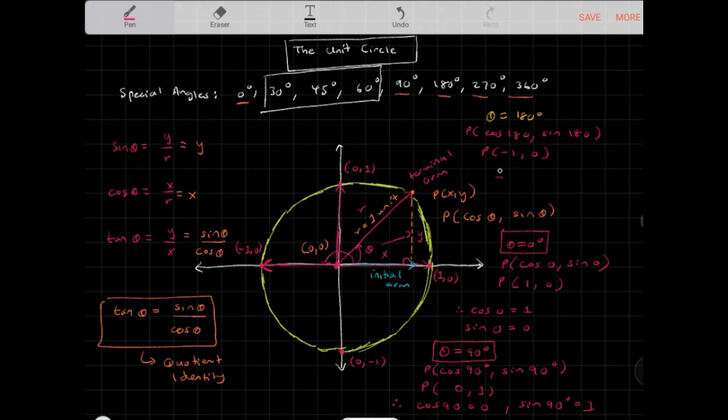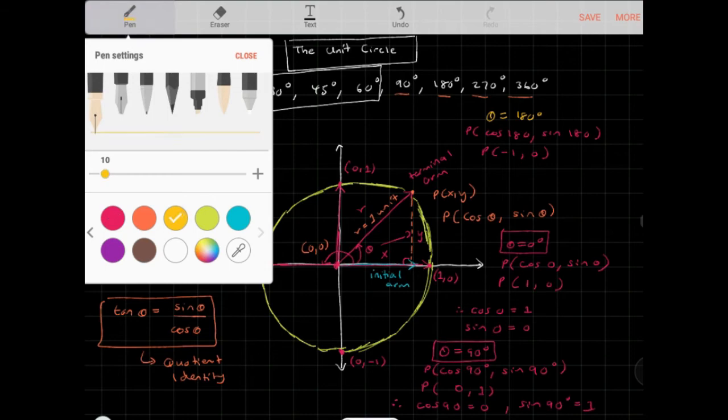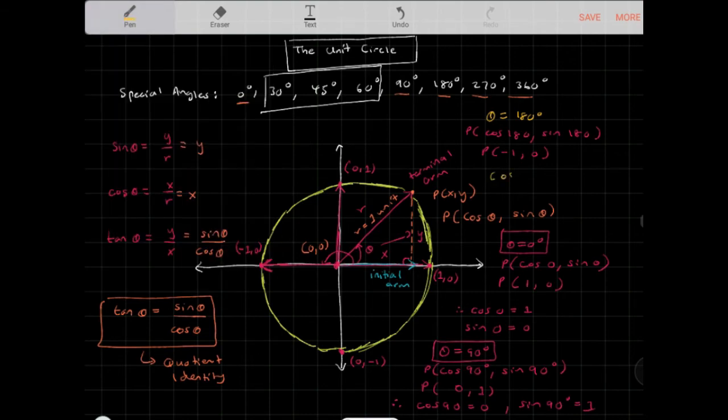So therefore, let's use a different color so we don't get mixed up. Cosine 180 is equal to -1 and sine 180 is equal to 0. That makes sense? So that's basically half of a revolution.